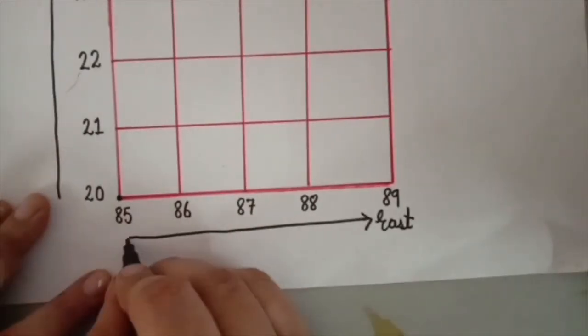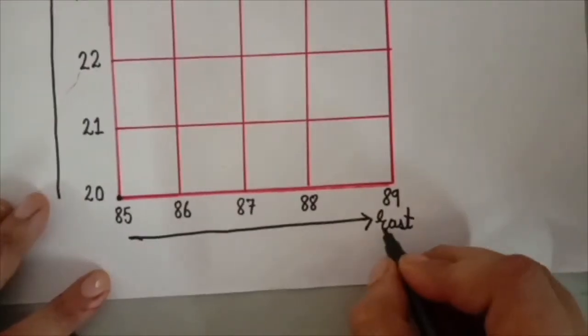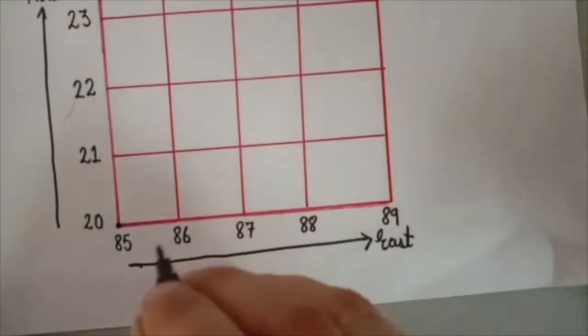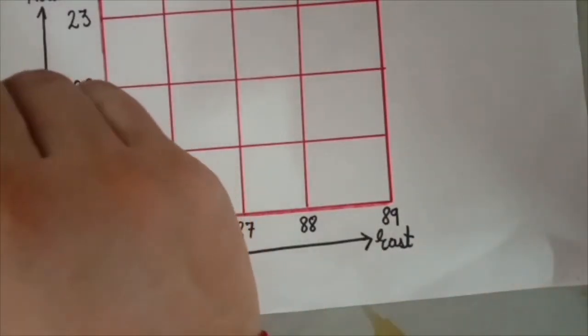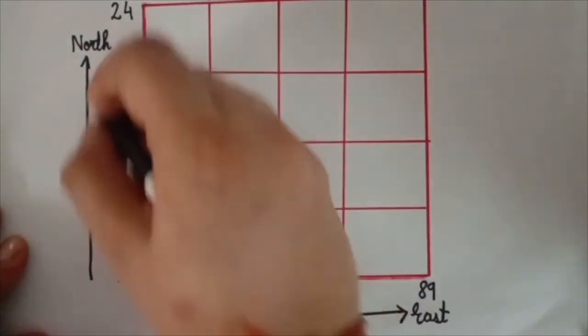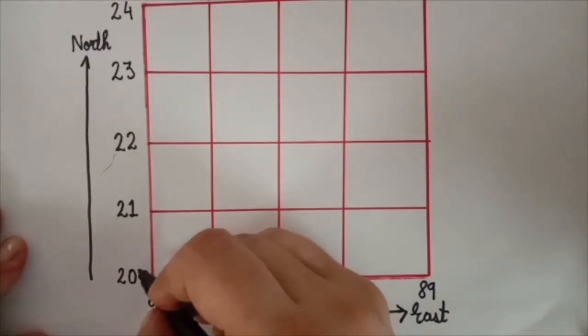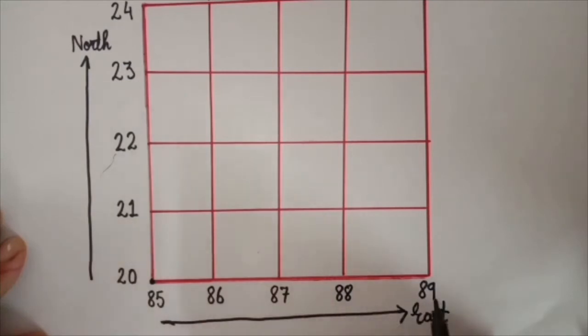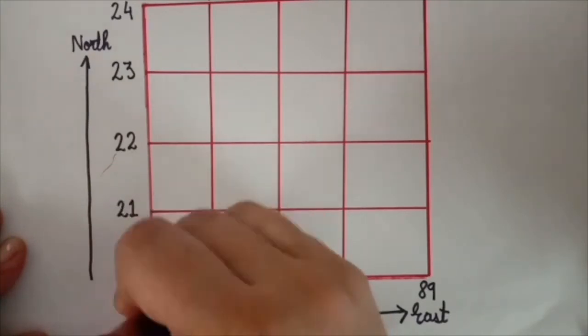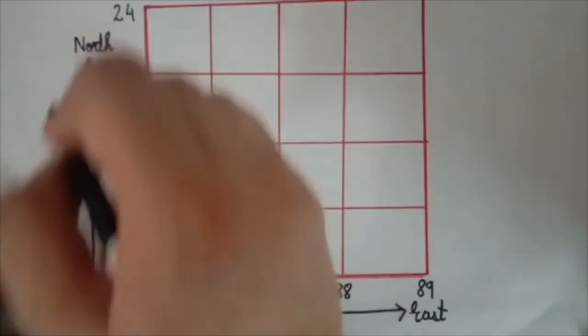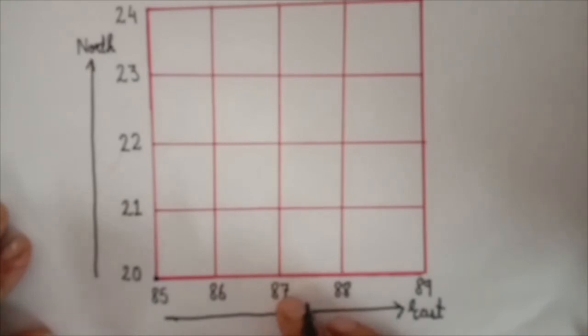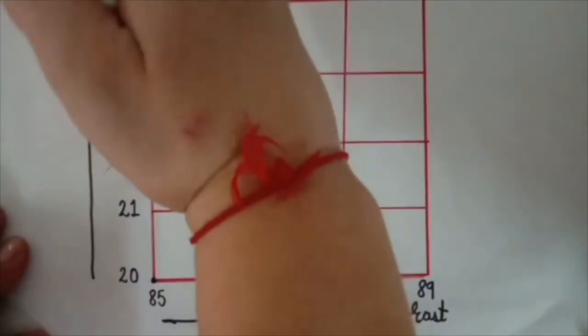Eastings are always read to the east of the origin, while northings are always read to the north of this origin. While giving a grid reference, eastings are always read first, followed by the northings. The readings are always taken to the right of the eastings and to the north of the northings.